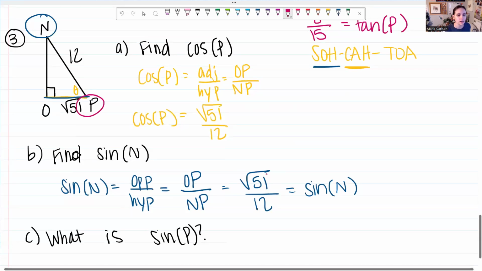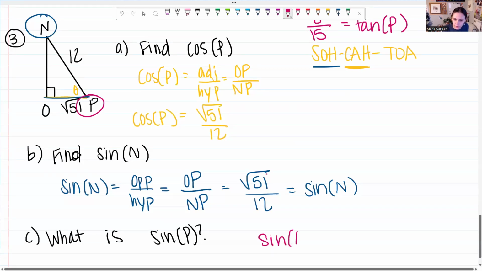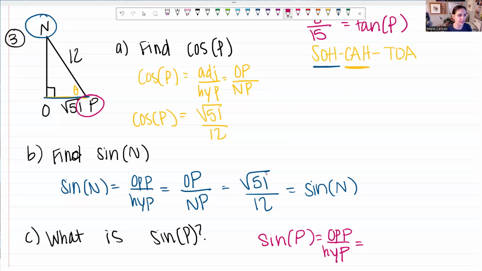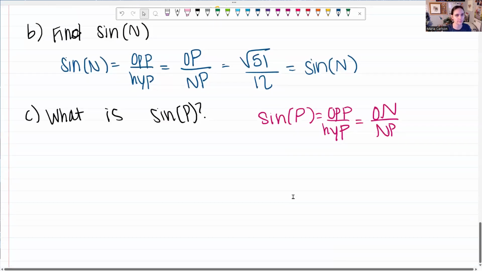Here is P. Sine is still the opposite over the hypotenuse. My side opposite would be ON. But I don't actually know this length, right? I don't know this opposite side. But ON over NP, that is the sine of P. So I actually need to find ON.